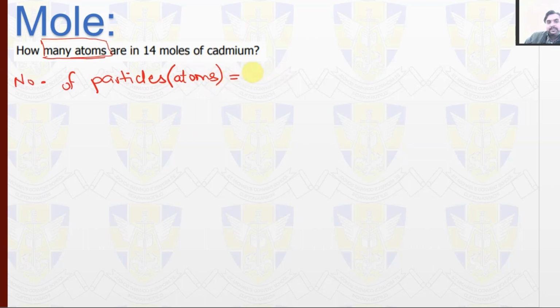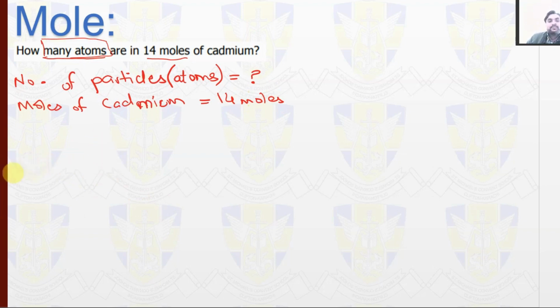So basically you have to calculate the number of particles in this question, and the data given is 14 moles. So the moles of cadmium are already given to you, and the moles are 14 moles. Now you have to apply the formula.